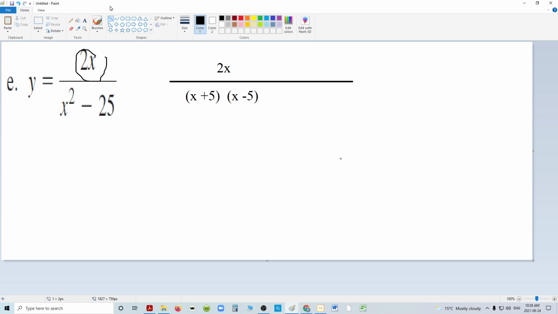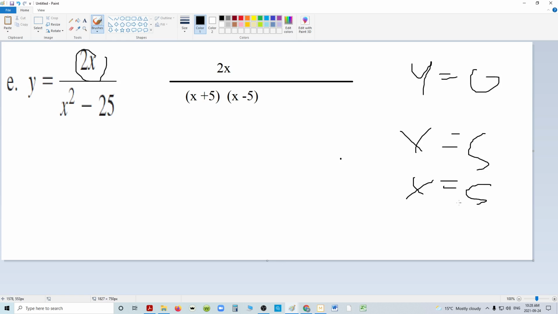But you also have a value up here that's less in degree than that. So you're going to have y is equal to 0 as one of the horizontals. You're also going to have x is equal to 5 and x is equal to -5 as 2 of the asymptotes.